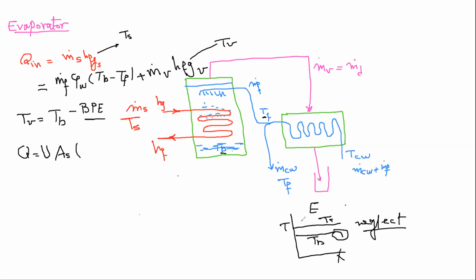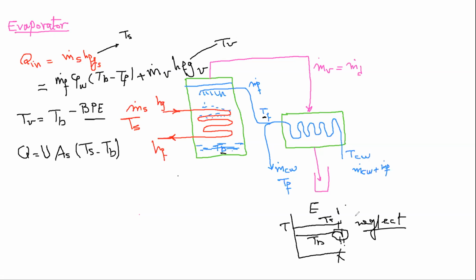If we consider that both of them are at constant temperature, then simply you can put it like this, Ts minus Tb. If we are going to consider that there is sensible heating here from Tf to Tb, then we have to take this part alone and calculate a log mean temperature difference. It's a small part that is not worth the hassle.